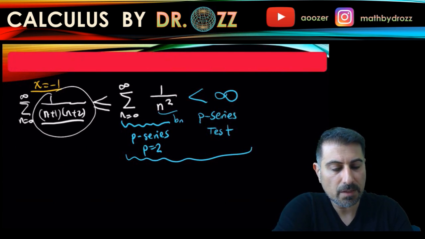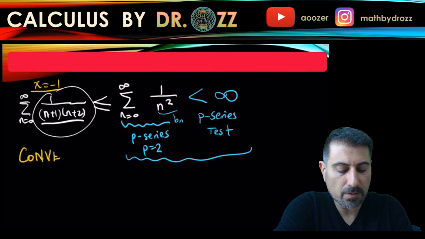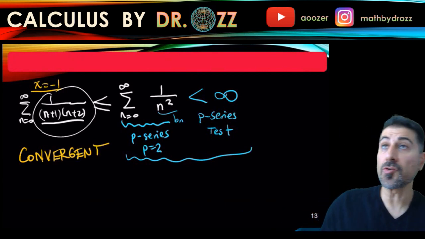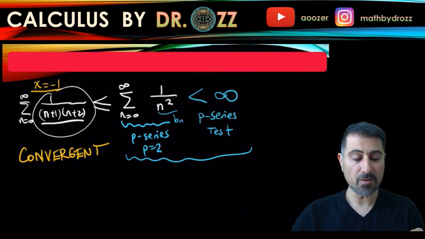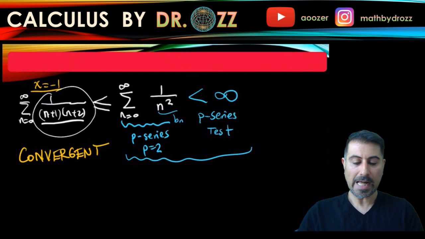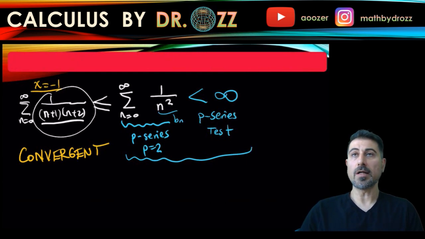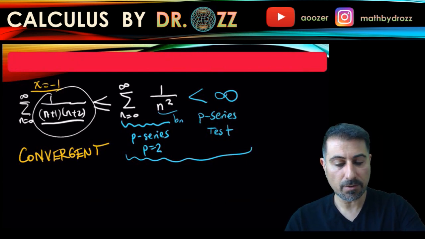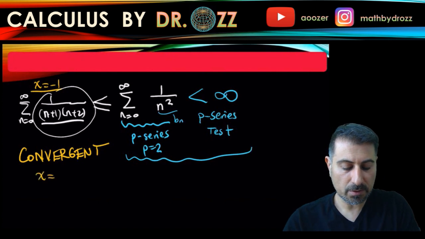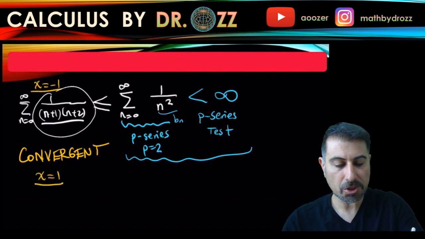Okay, so I'm going to write here that this is a convergent series. So x equals -1 is a very good one. I'll talk about how it will change the interval of convergence in a sec, but let's also handle the x equals 1 case here.